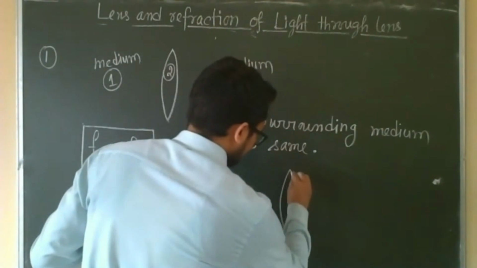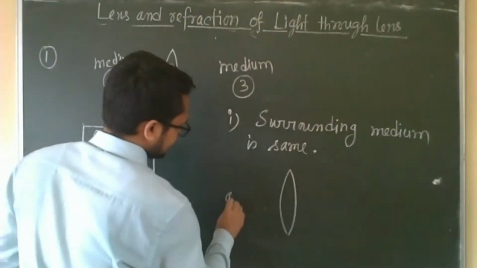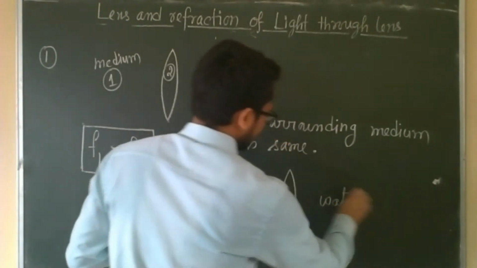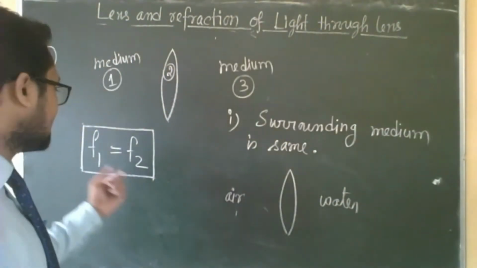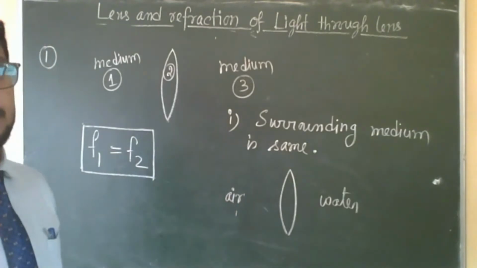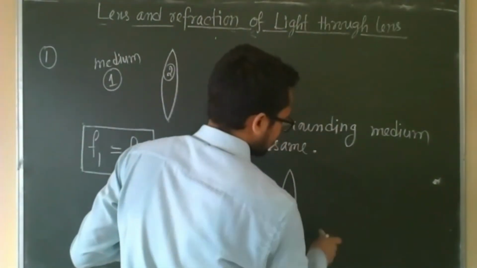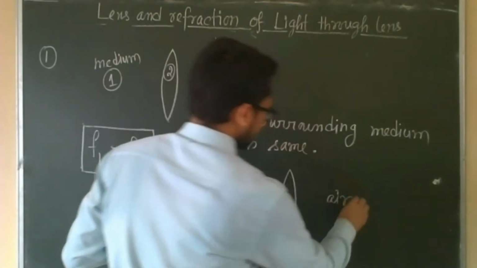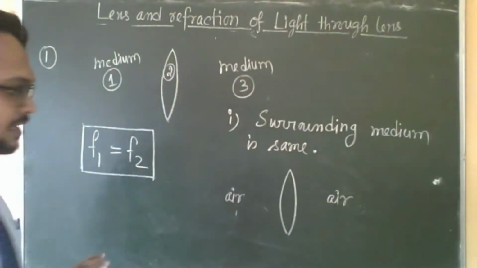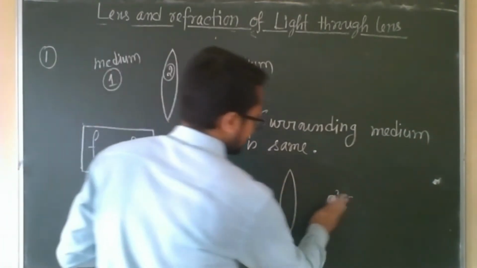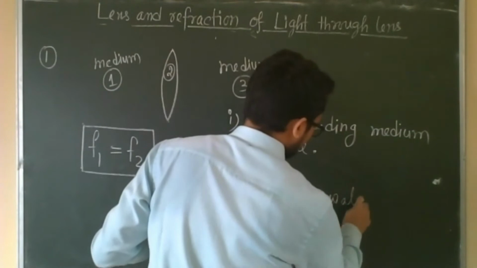If we take a convex lens with air on this side and water on this side, then F1 will not be equal to F2. If we take air on both sides, then F1 equals F2. If we take water on both sides, then also F1 equals F2.